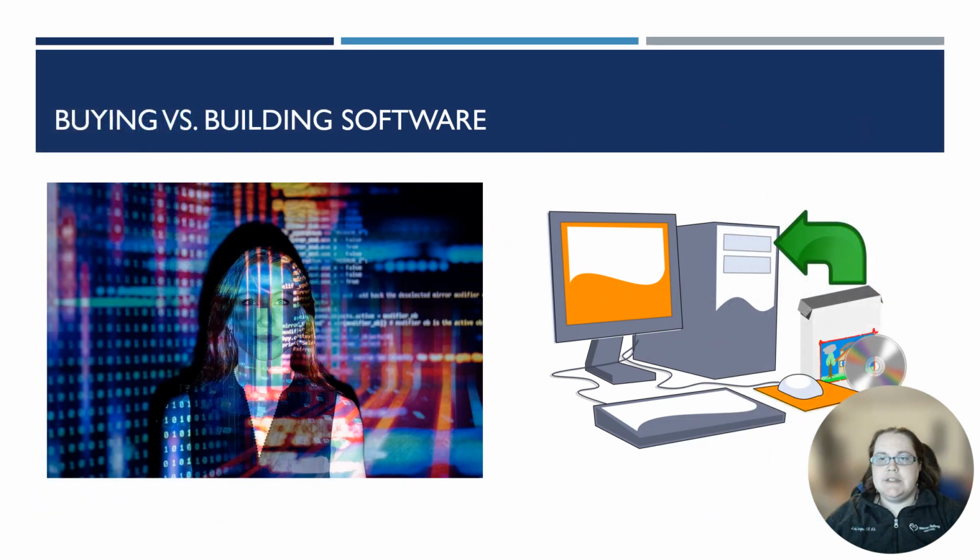When it comes to the decision of buying versus building software, there are a number of things that need to be kept in the back of one's mind. When buying software outright, the initial cost for setup and purchase may not seem to be too much until looking at the cost for maintenance, upkeep, and different things of that nature.